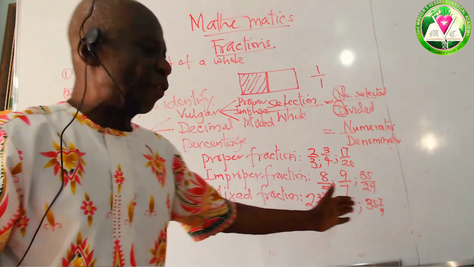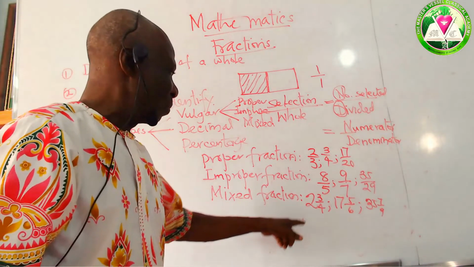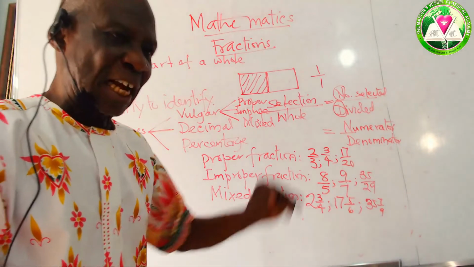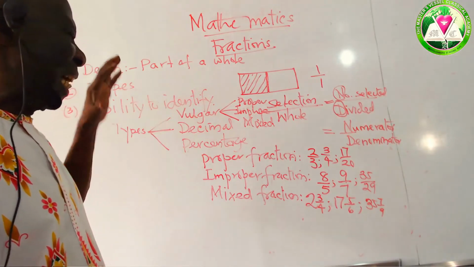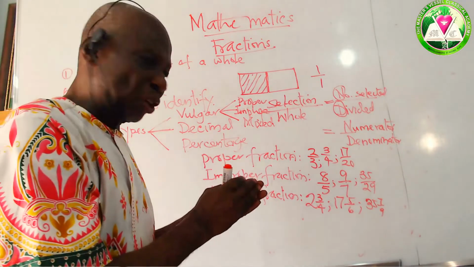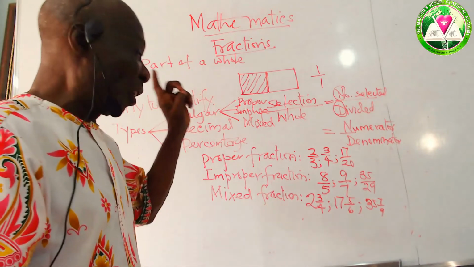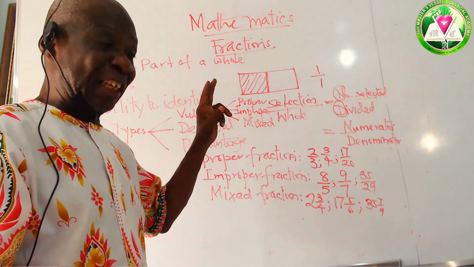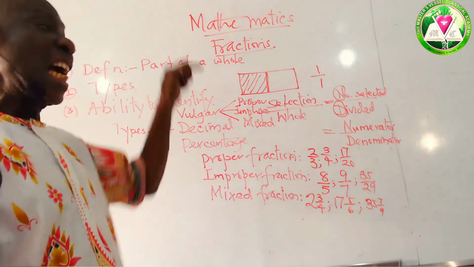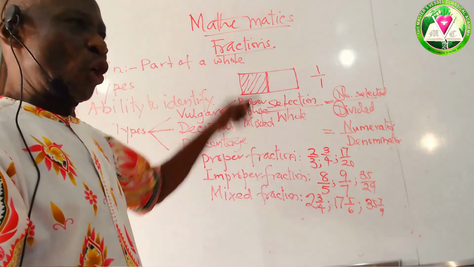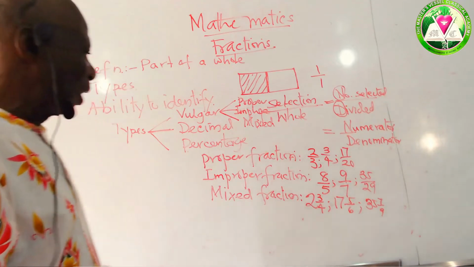Now, these are mixed fractions because they have a whole number portion and a fractional portion. We cannot say that a given fraction is a mixed fraction unless it contains, that is a condition for it to be mixed, a whole number and a proper fraction.